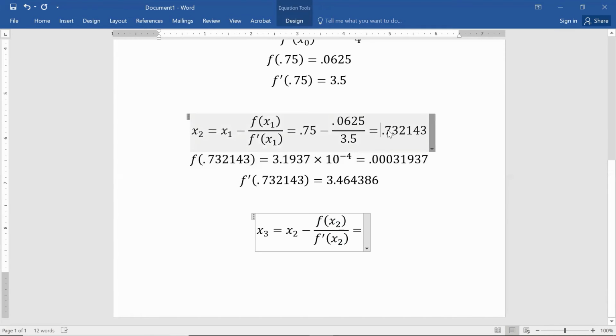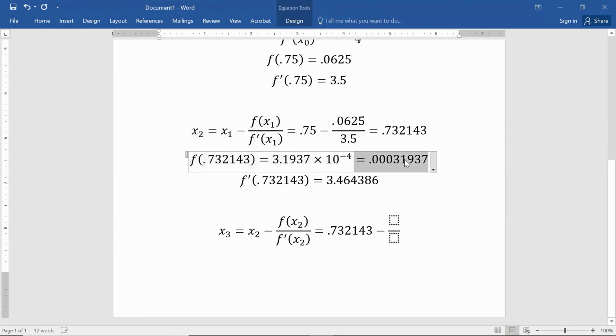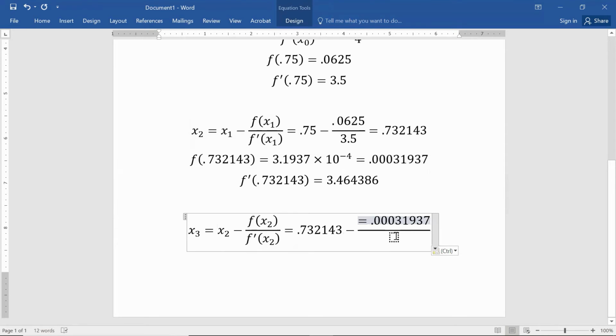So in this case, we take our x2 minus a fraction. What goes on top of that fraction is the function output.